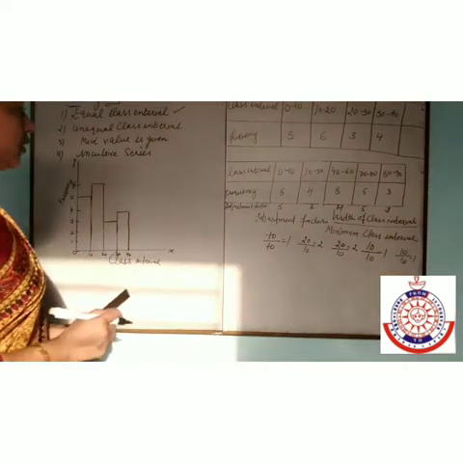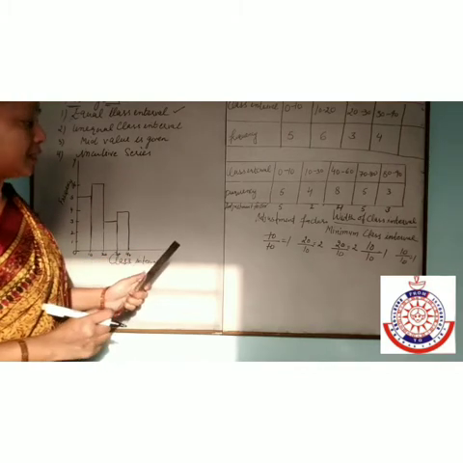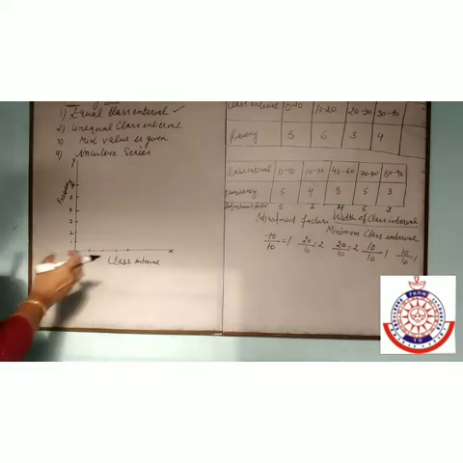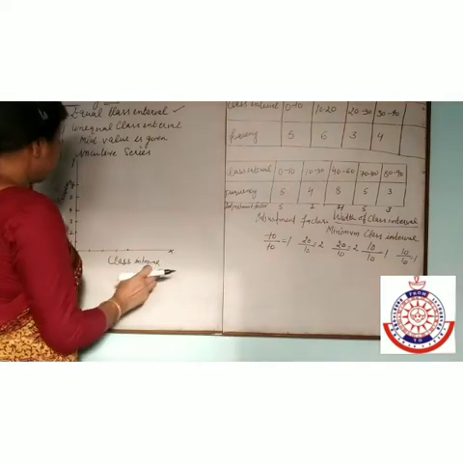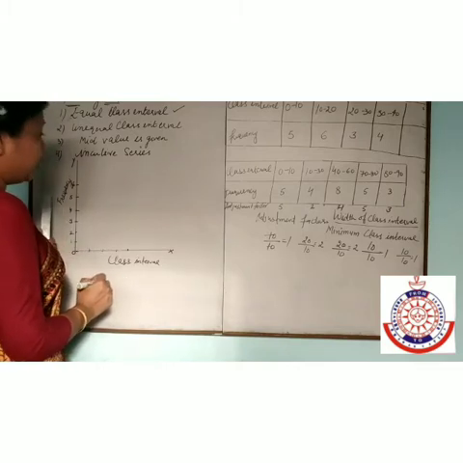So, how we can draw the unequal class interval. On OX-axis we will take the class interval and on OY-axis we will take the frequency adjustment factor.